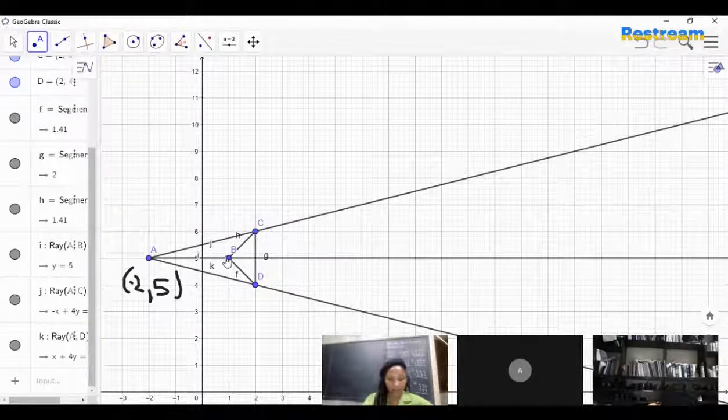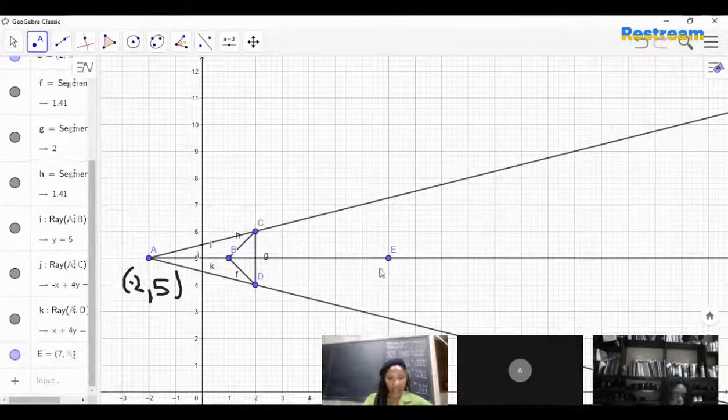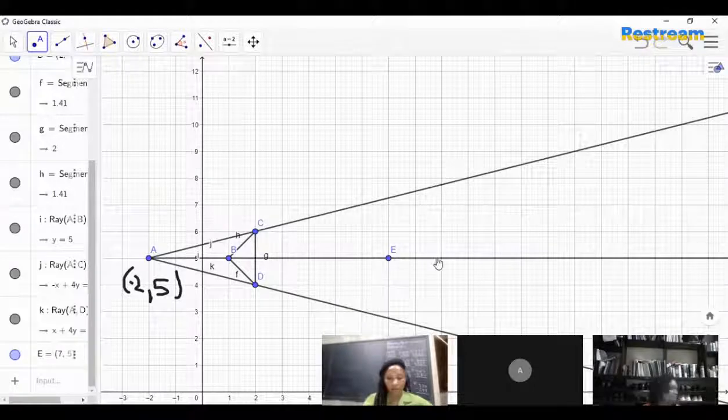So 9 would be here, right? 1, 2, 3. All right. For this one now, we went 1, 2, 3, 4, and then up. So 4 times 3 is 12. So it will be 12 and then up 3.